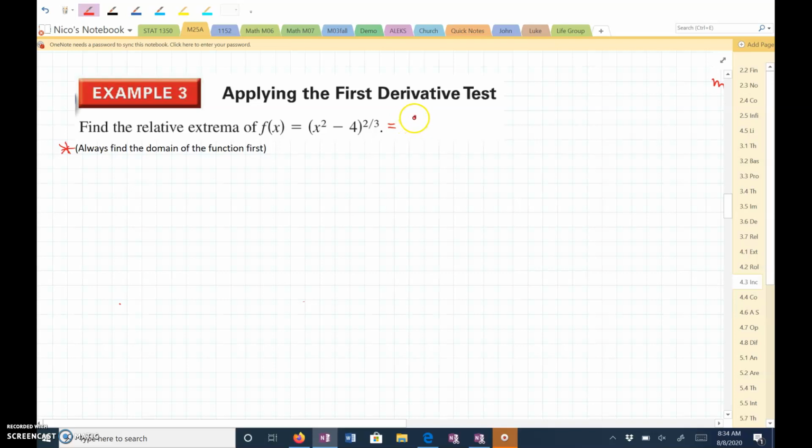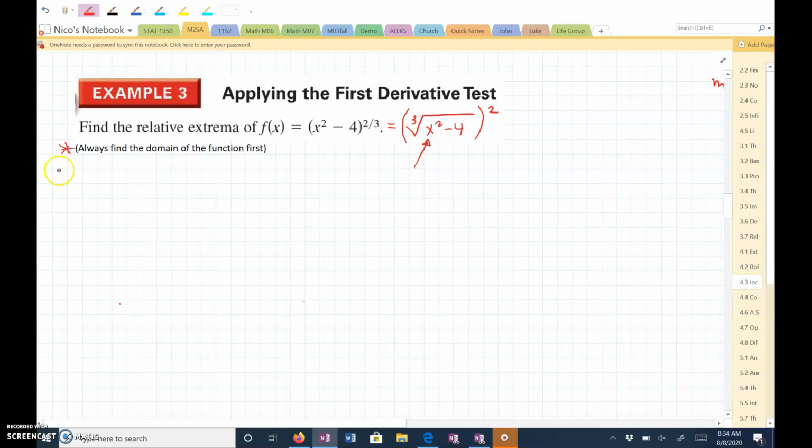So as a radical, this function would look like this. Okay, and this is a cube root, so anything under here could be positive or negative.